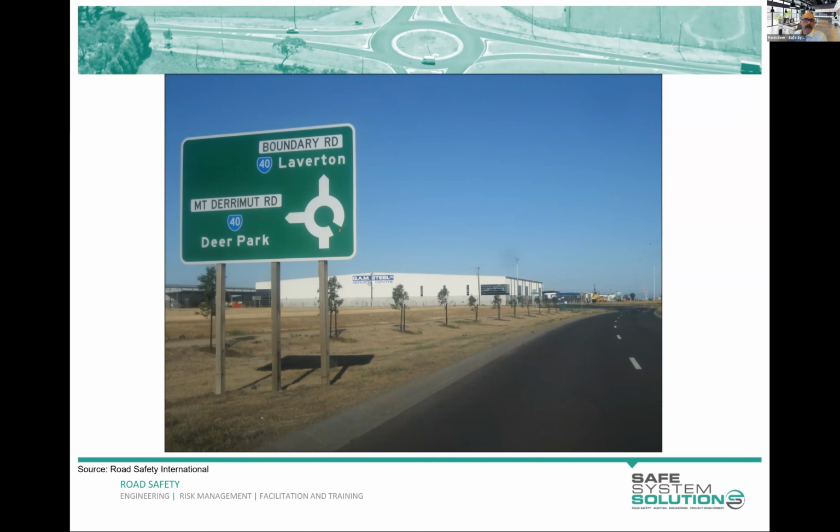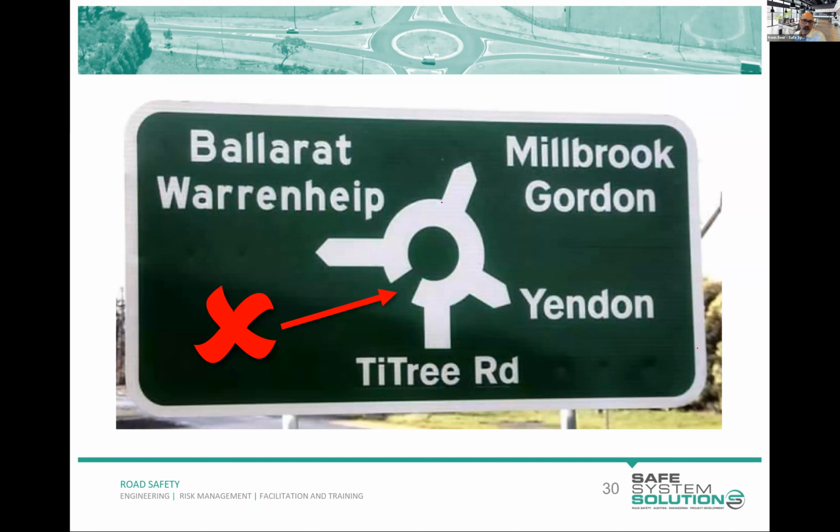But that gap's there to remind people to drive clockwise around the roundabouts. Now, is this a big road safety issue? I'm going to have to say no. People are not likely to approach this and drive the wrong way around it because that gap is there.